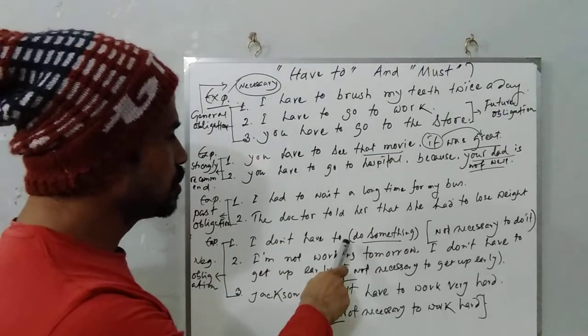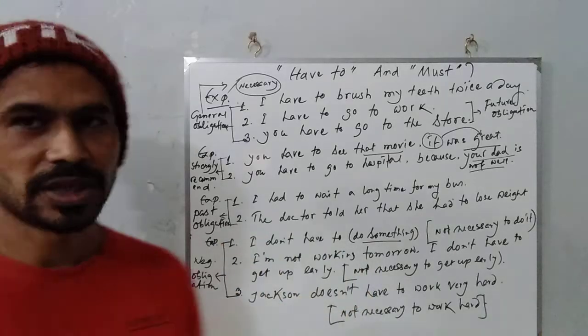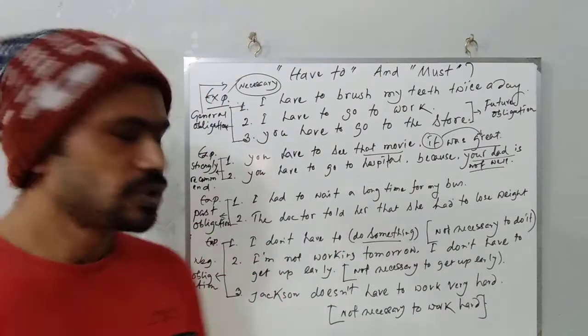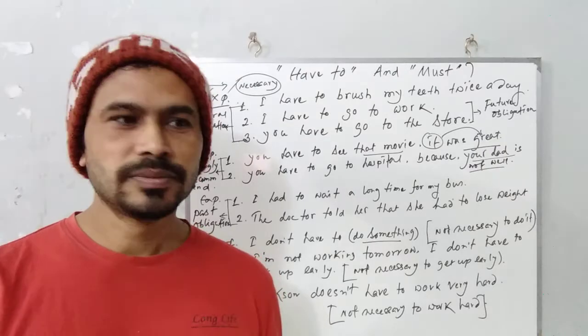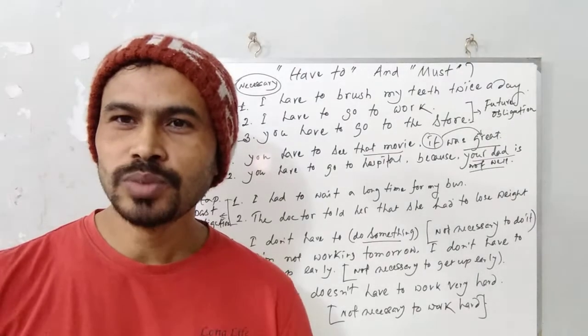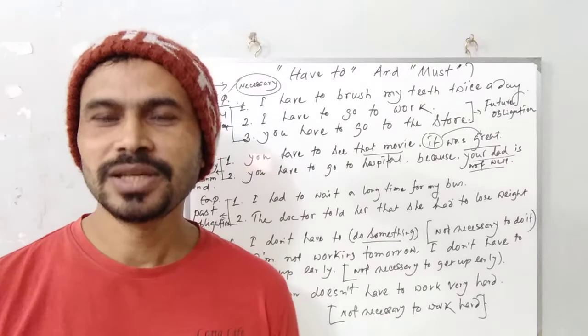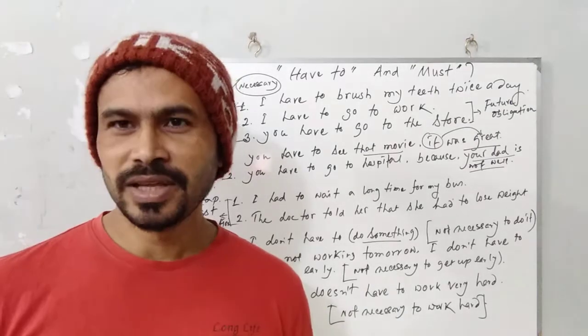I don't have to do something. That means, I don't have to work. I don't have to take care of it. I don't have to go to market. So this sentence means not necessary.